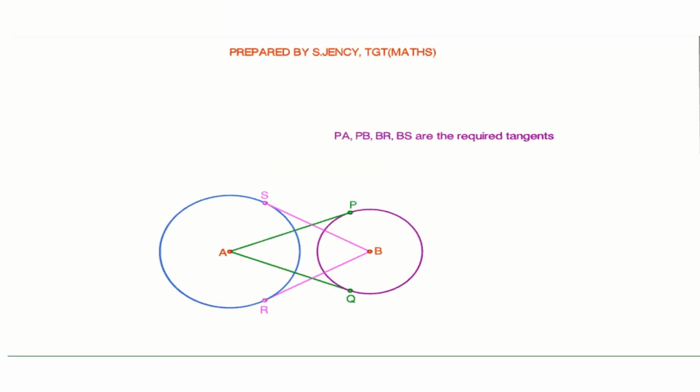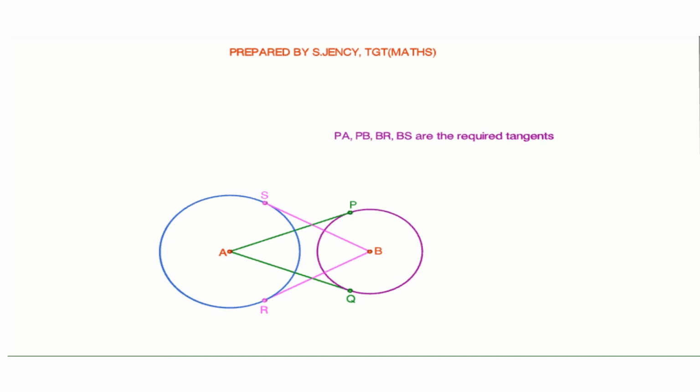Next, our fifth question. Draw line segment AB of length 8 cm. Taking A as center, draw a circle of radius 4 cm, and with B as center, a circle of radius 3 cm.